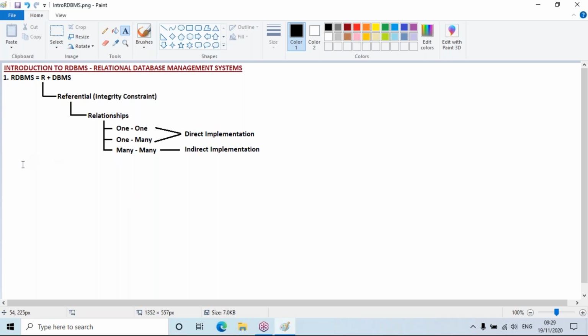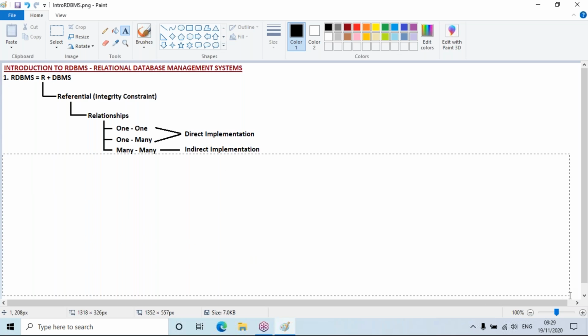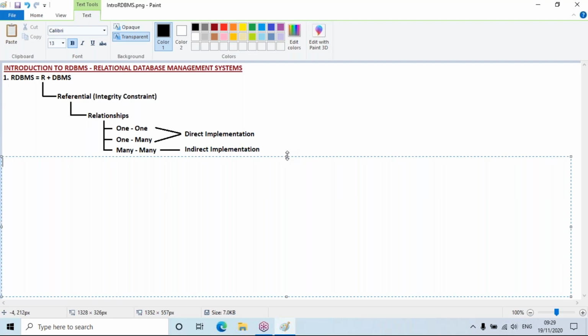Going further, now we will discuss the second important point on this introduction. Remember, RDBMS was introduced in the year 1970 by Dr. E.F. Codd.